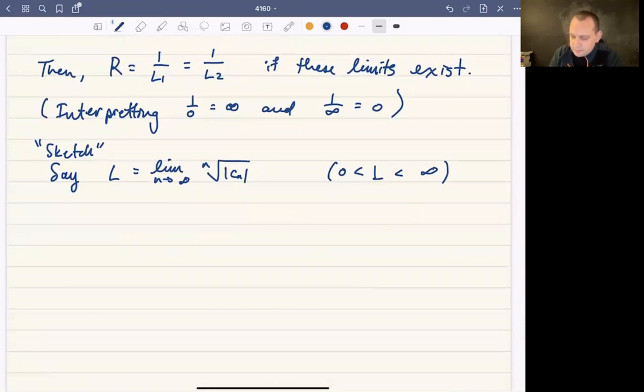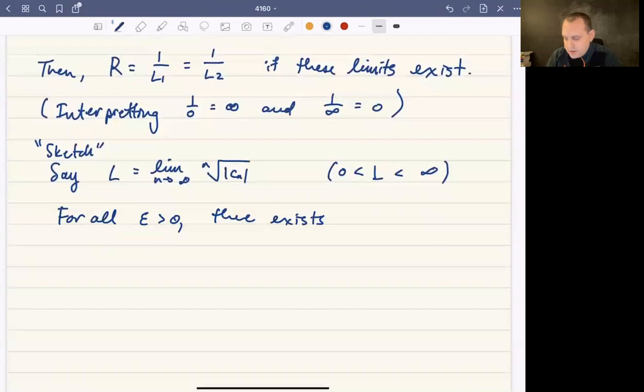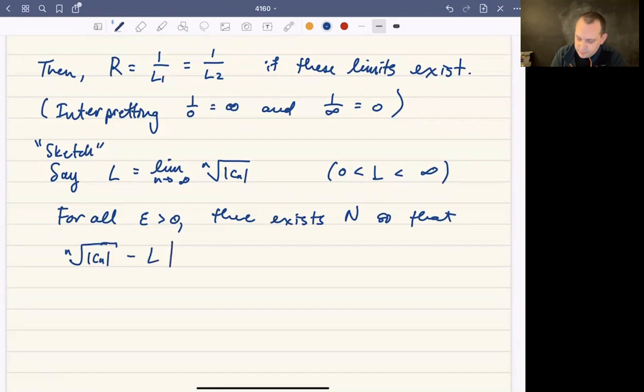That means that for all epsilon, there exists a value capital N so that the nth root of the modulus of C sub n, minus L, is less than epsilon. Okay, and just to be a little bit, I want to get rid of the precision, but I want to pick up an intuitive understanding.